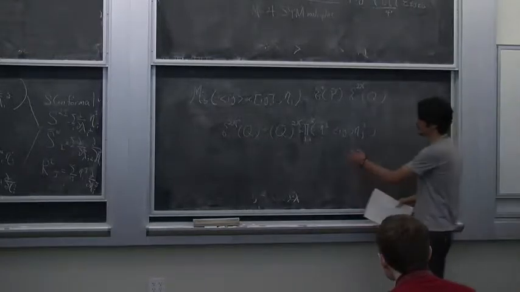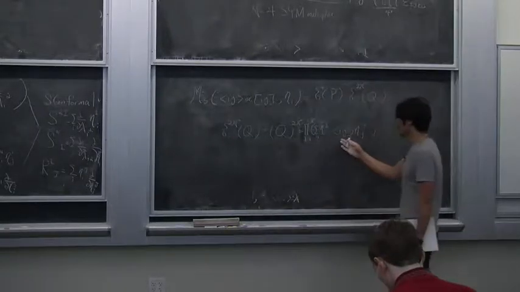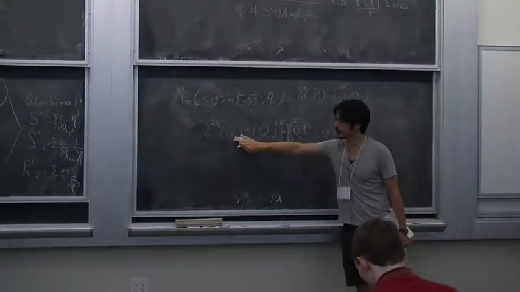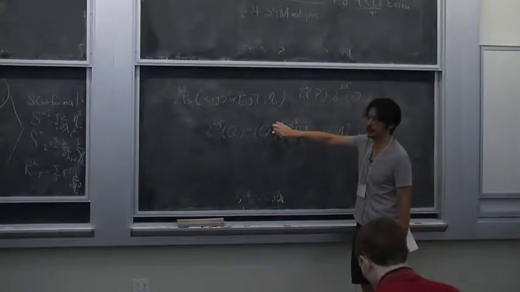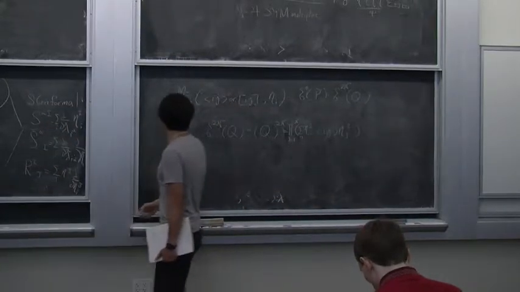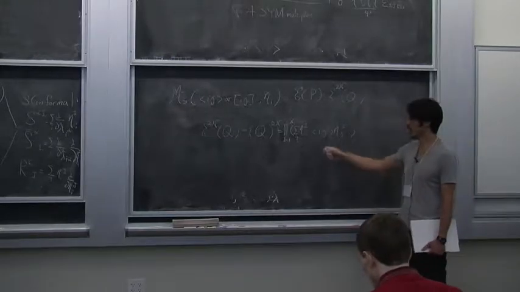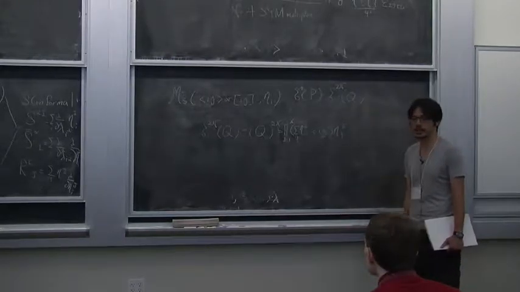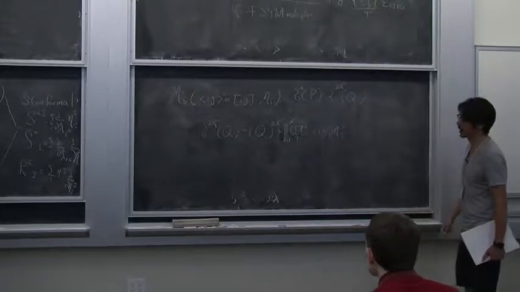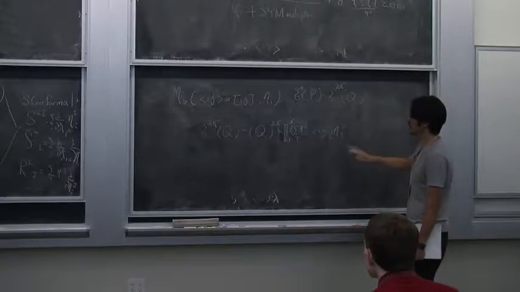Oh sorry, I should sum over I, J. It's obvious that your Q, because this is the same Q, has an SL2C index here. So when I have two of them together, they're going to be anti-symmetric, so you can contract them. That means all the spinor indices are actually contracted, and then you just have these eta variables sitting around. Okay, so this is how it actually explicitly looks like.